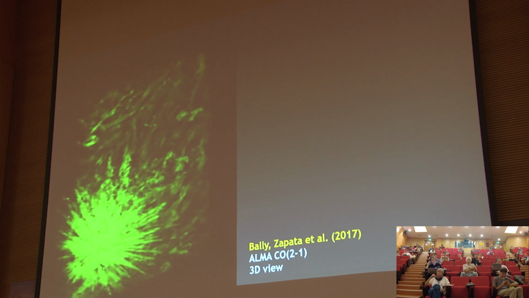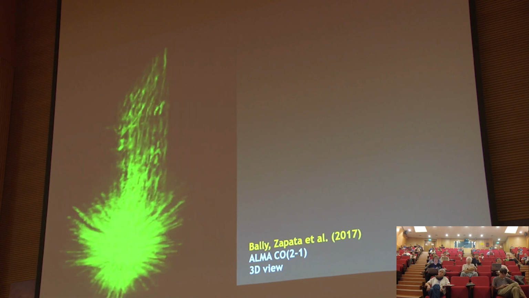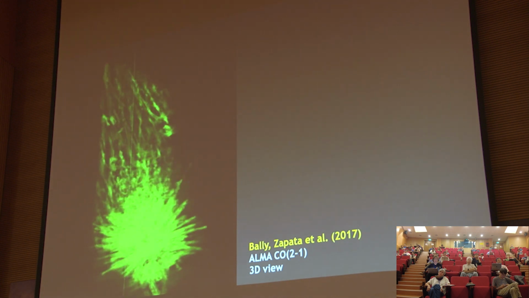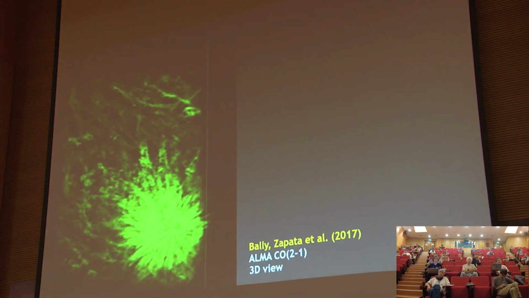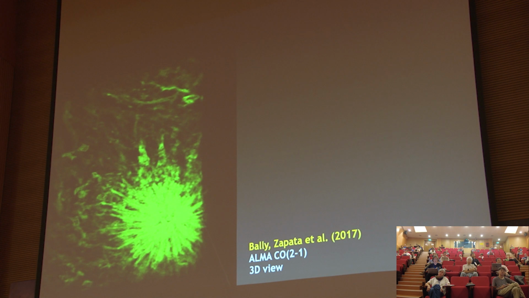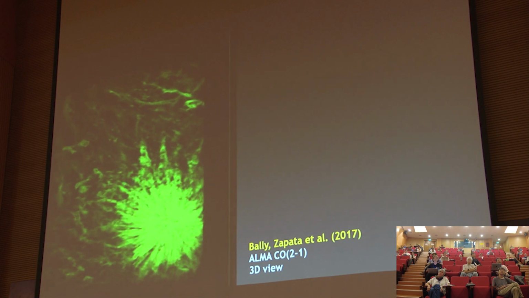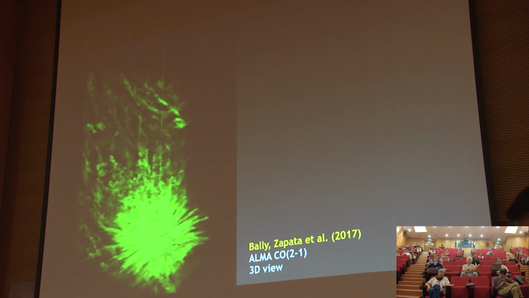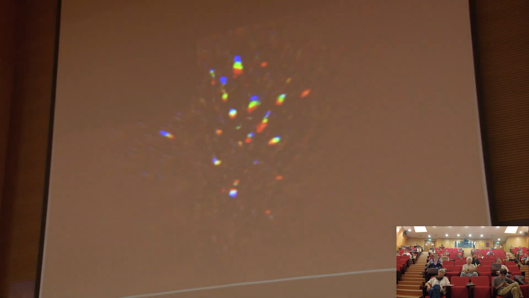We have this kind of new outflow with many filaments in different directions, and this is probably related with some kind of stars that are moving also in different directions.